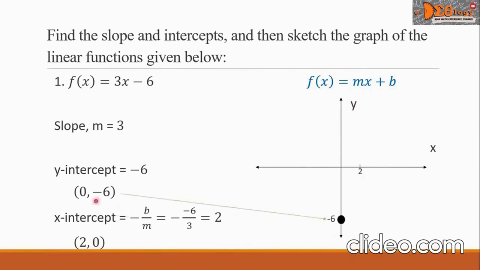First is 0, negative 6, that is the point, followed by the 2, 0, that is the point. And then we will connect the 2 points, and this is now the line f of x equals 3x minus 6. This is our final answer.